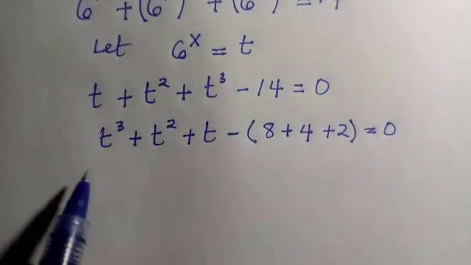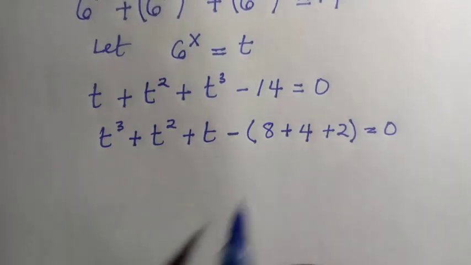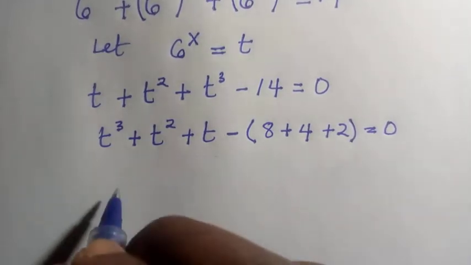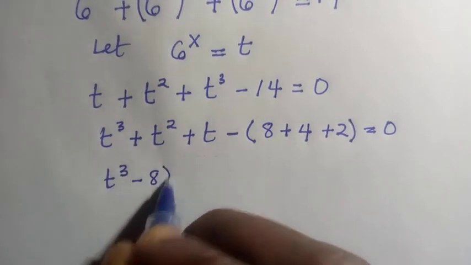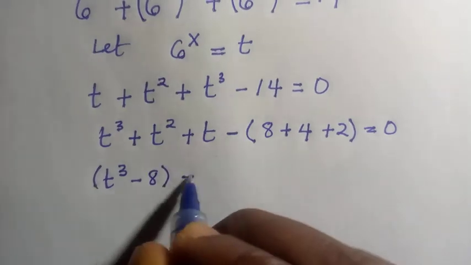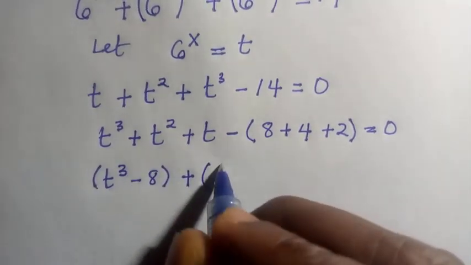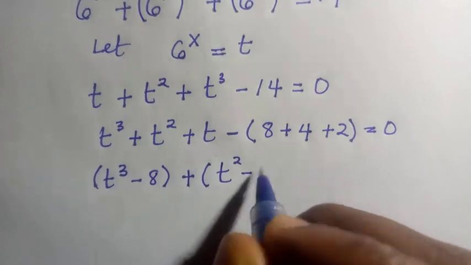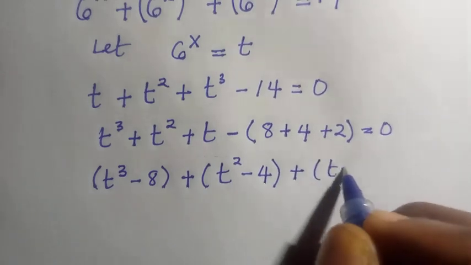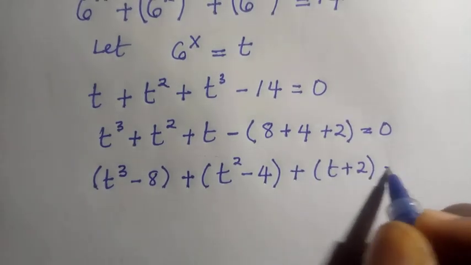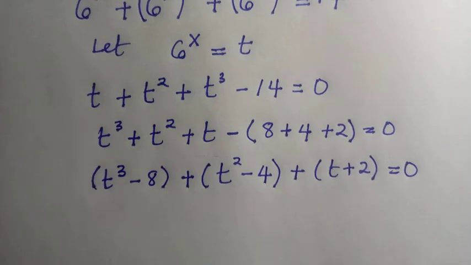By combining this together, we have t cubed with 8, so we have t cubed minus 8 in bracket, plus t squared minus 4 in bracket, plus t minus 2 in bracket, equals 0.